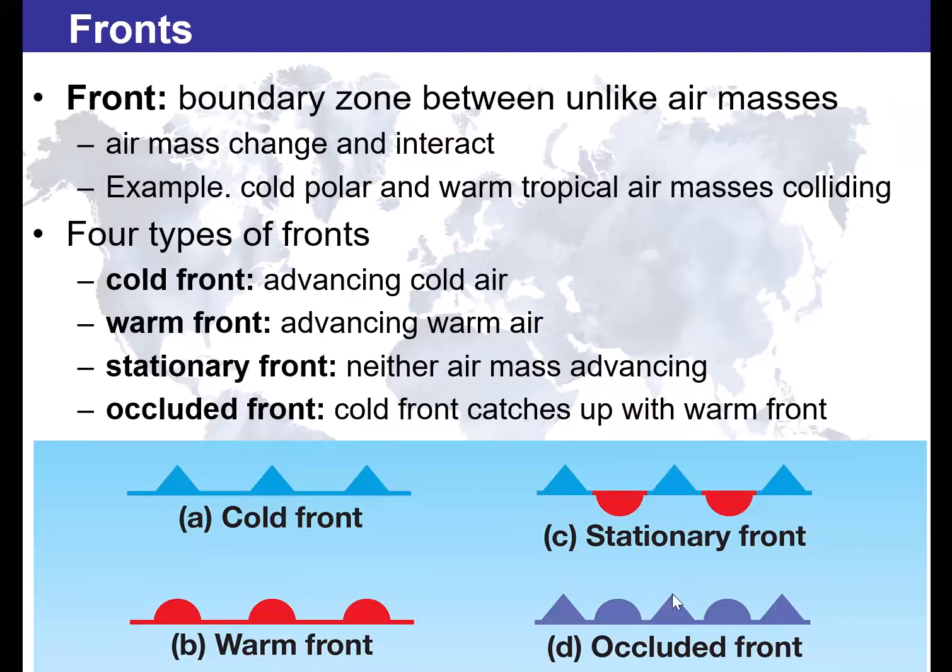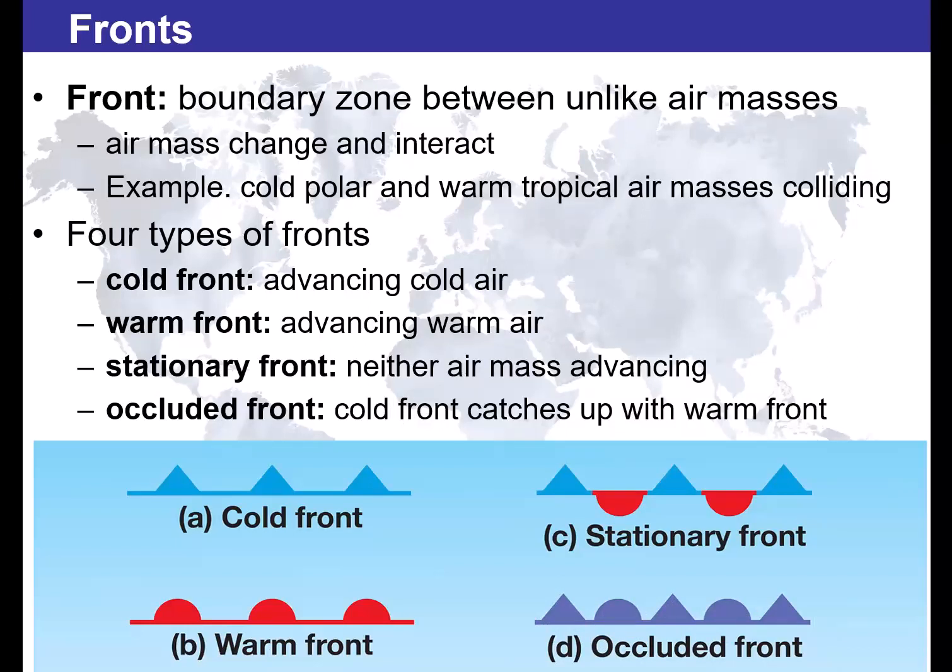This will make sense on the next slide. That is designated not only by a change in color on most maps, but most importantly by the symbology: all of the little symbols, the peaks and the half circles, are on the same side of the line, meaning that the cold front has caught up to the warm front.